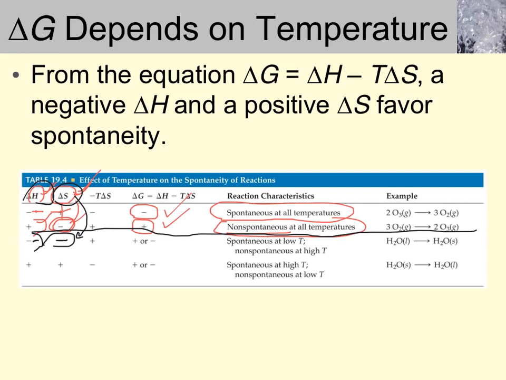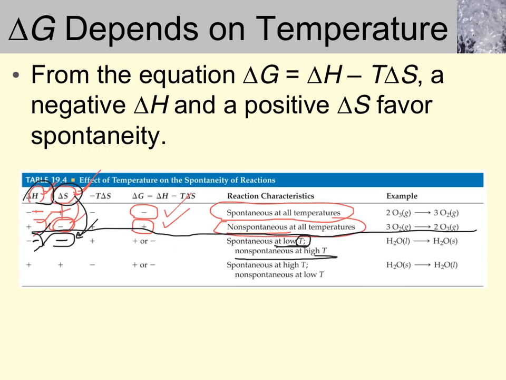It's like a tug of war. One saying, come on, let's be spontaneous, and the other one saying, no, I don't want to be spontaneous. So who wins? It all depends on temperature, okay? In this case, and I'll go over this in a little bit more detail later, this type of reaction is spontaneous at low temperatures and non-spontaneous at high temperatures, okay?